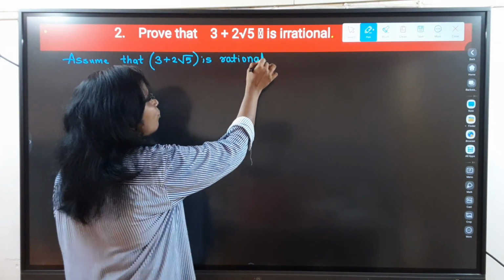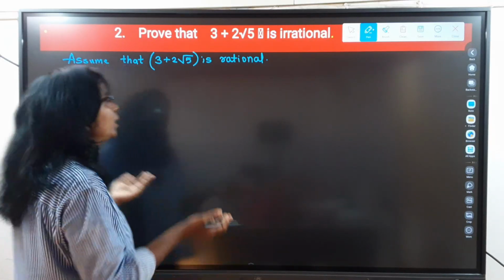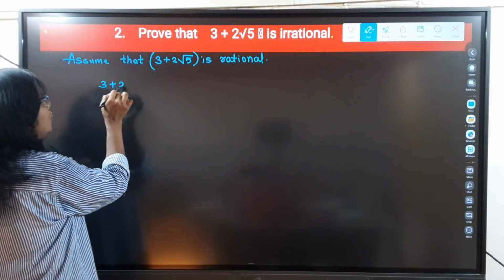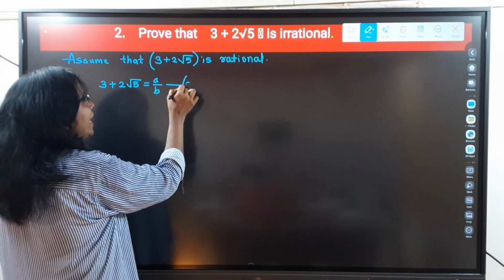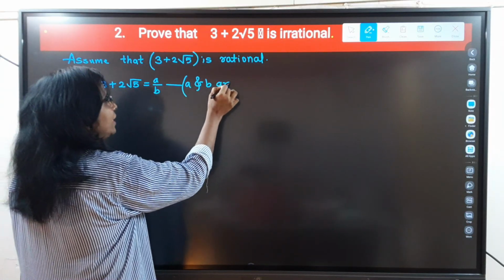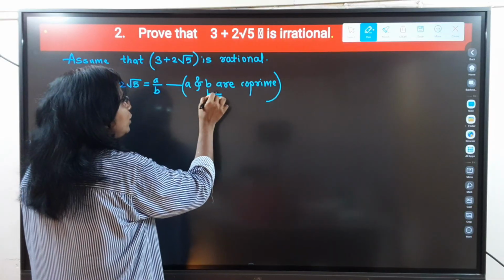As it is rational, what is the form of the rational? A upon B. So we can write 3 plus 2 root 5 is equal to A upon B, where A and B are co-prime, and B is not equal to 0.